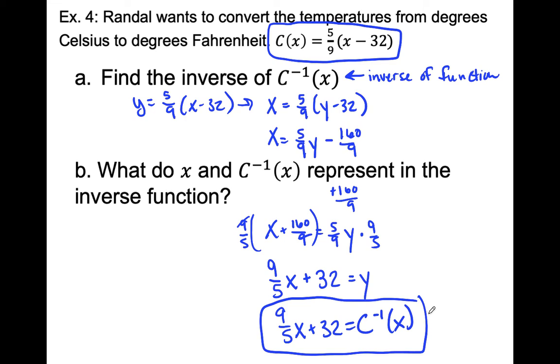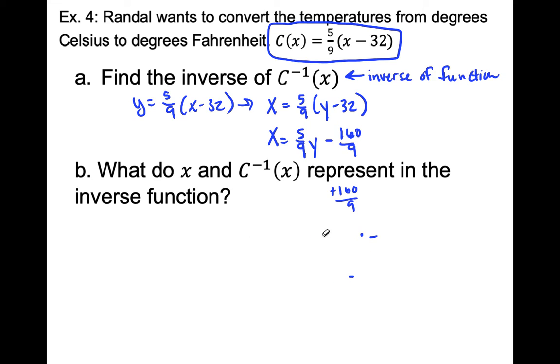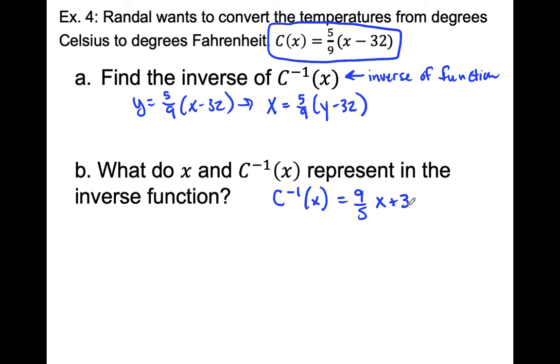So then letter B, and I'm going to erase all of this. Letter B wants to know what c to the negative 1 of x represents, and sometimes they'll also ask you what the other variable represents as well. So we're actually going to label both of them. So our equation, again, I'll rewrite it, was c to the negative 1 of x equals 9/5 x plus 32.